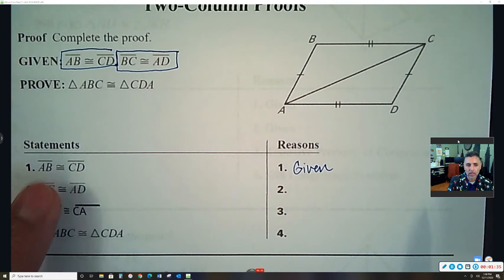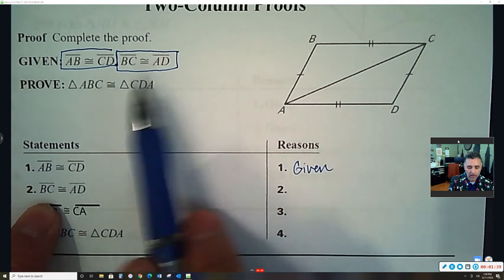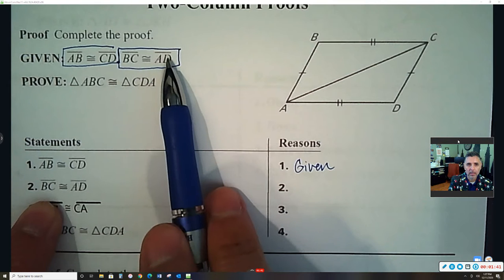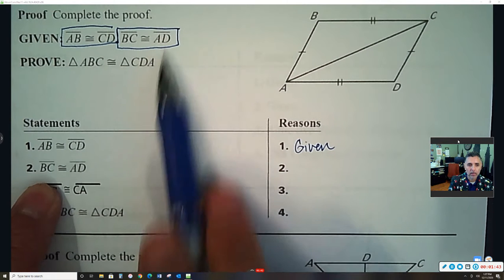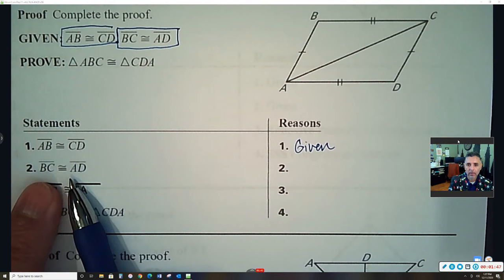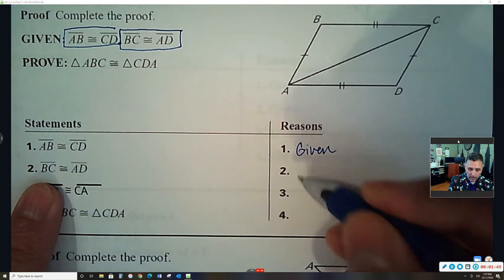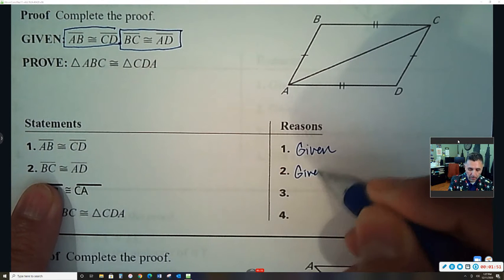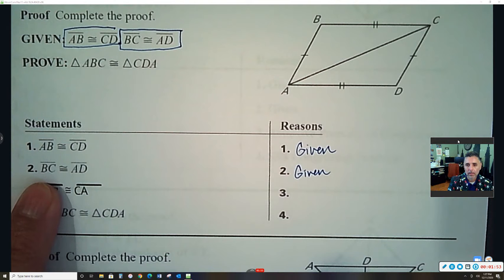That's the justification for knowing this is true. If we go to the next statement, the next statement says BC is congruent to AD, right? And we put it down here in the second line. And then again, how do I know that information is true? Well, that also was given to us.